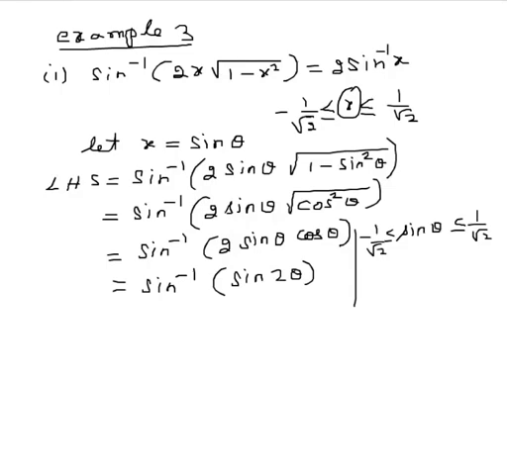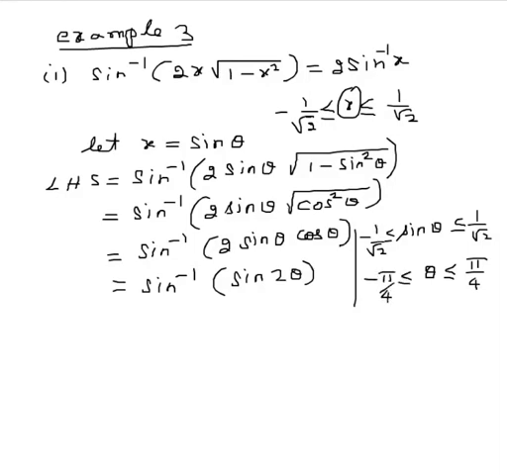Now let us take sine inverse throughout. Sine inverse of sine theta will become theta, and sine inverse of 1 by root 2 is 45 degrees, and sine inverse of minus 1 by root 2 according to the principal value branch it is minus pi by 4.